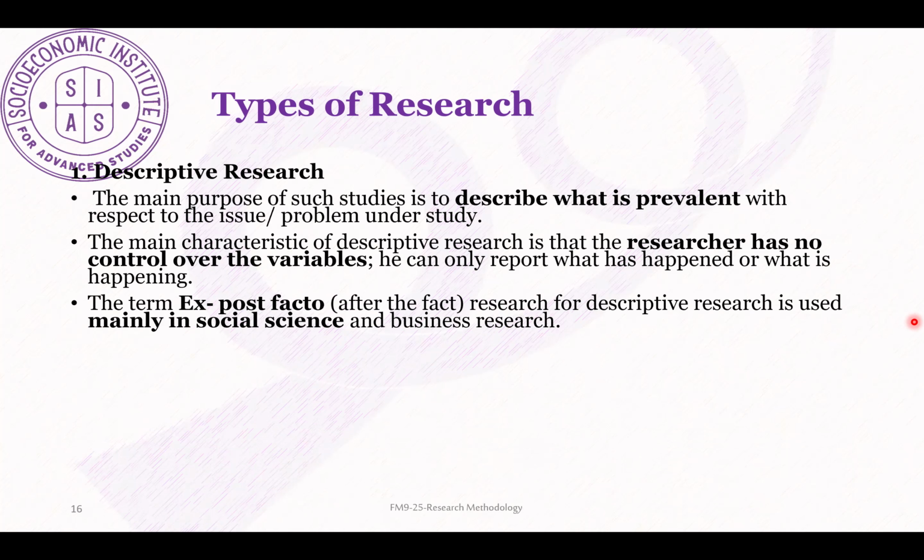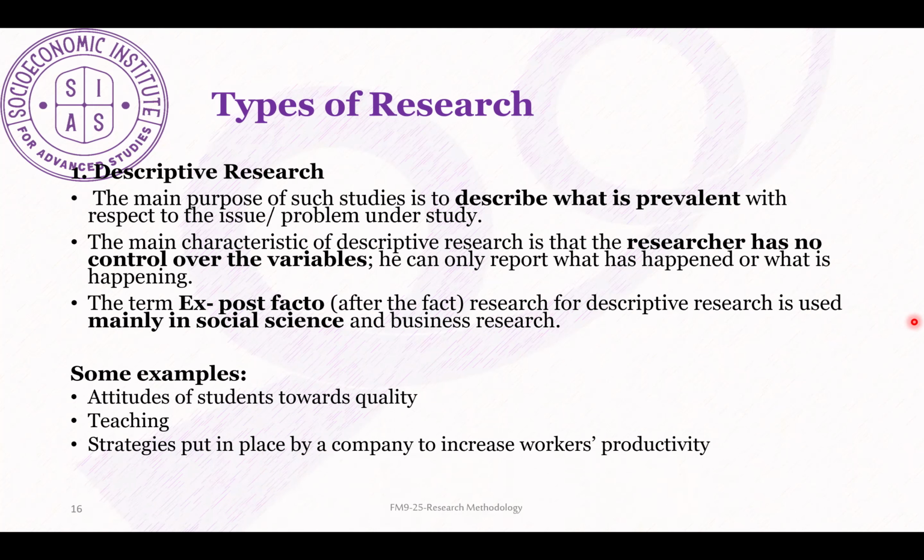The term ex post facto, after the fact research, for descriptive research is used mainly in social science and business research. Some examples: attitudes of students towards quality teaching, strategies put in place by a company to increase the workers' productivity, or the effects of living in a house with domestic violence.